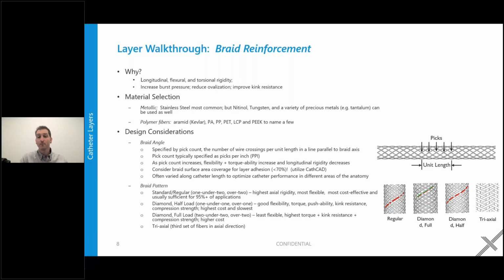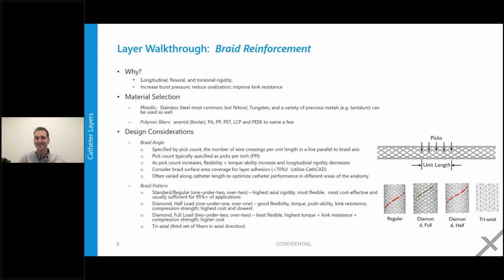It's really good for burst and for kink, and it's got a lot of torque, but it's not very flexible. And so you're not going to use it in the ultra flexible devices. So we don't use it commonly. It's really expensive, but it's still a pattern that you can use when you need that performance out of it.